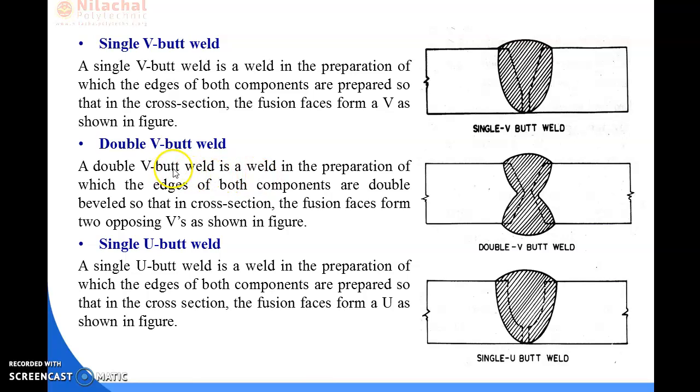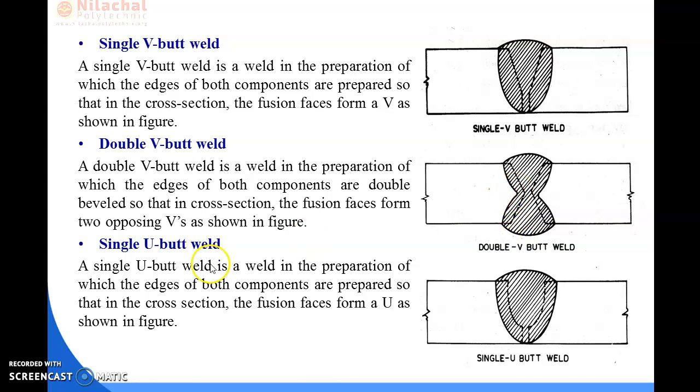That means a double V butt weld is a weld in the preparation of which the edges of both components are double beveled so that in cross section the fusion faces form two opposing Vs, as shown in the figure. You can see that on both sides of the plate, at the top and at the bottom, there is a V-type section, and after that welding is provided.